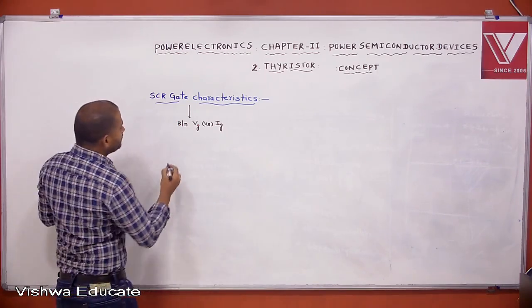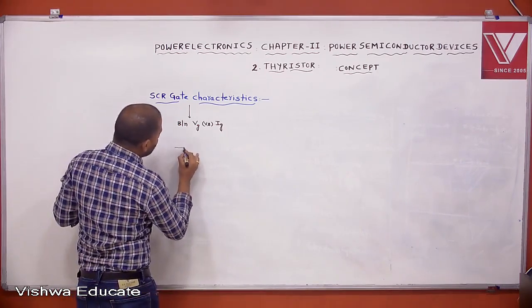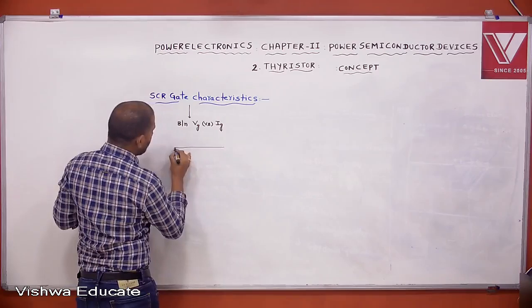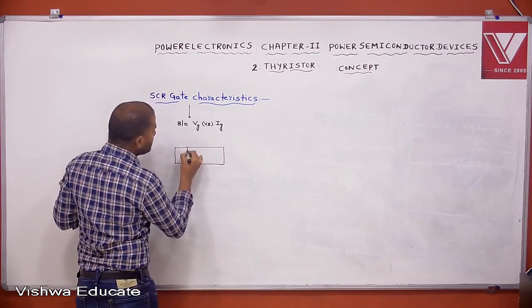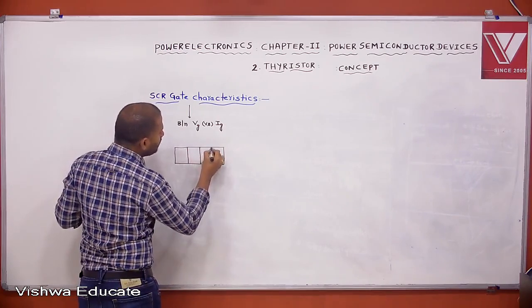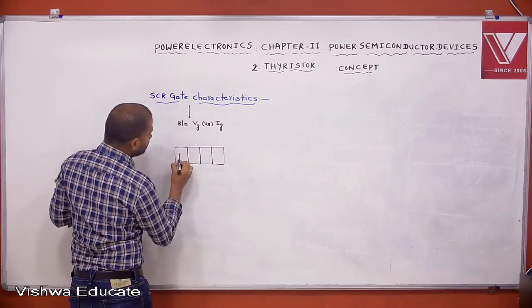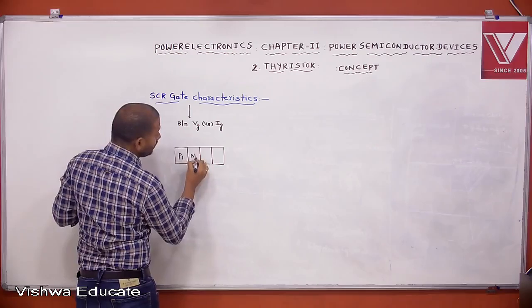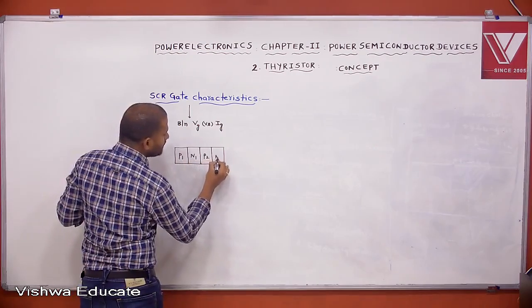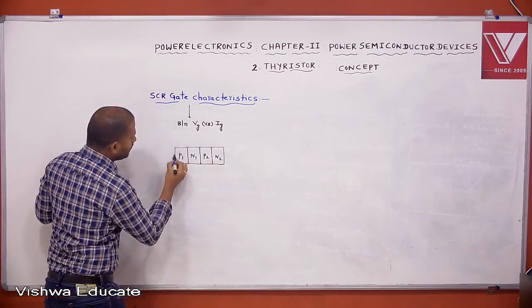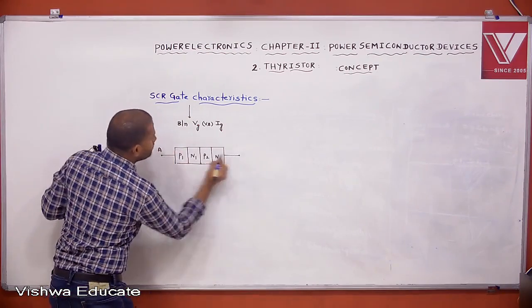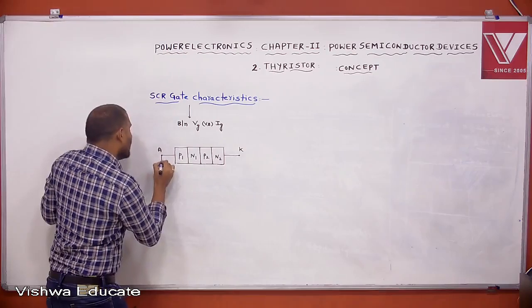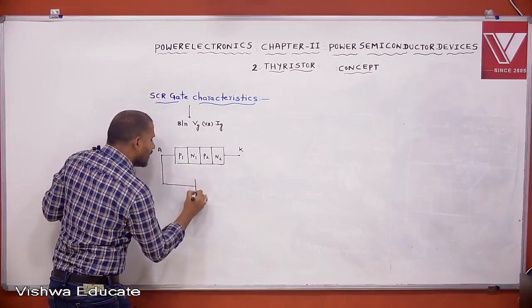We know that the thyristor has 4 layers: P1, N1, P2 and N2. This is the anode terminal and this is the cathode terminal. Let the thyristor initially be under forward blocking mode.